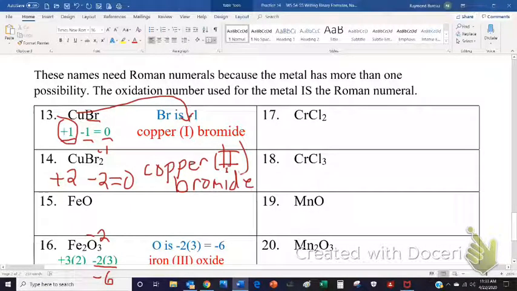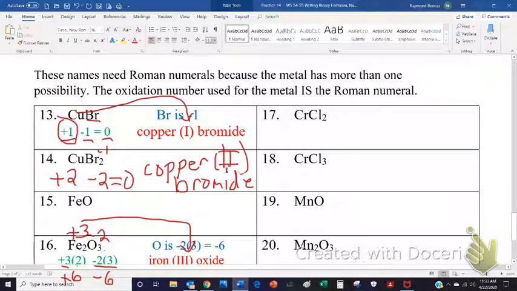So that means iron has to be a +6, and since there are 2 irons, each one's going to have to be +3. Well, remember 3-2 switcheroo? We can kind of do that too, and that 3 here on the oxygen would come up here. And that would tell us that the +3 is the Roman number. So this is iron 3 oxide. Okay, I'm going to do 17 and 18 and leave 19 and 20 for you to do.